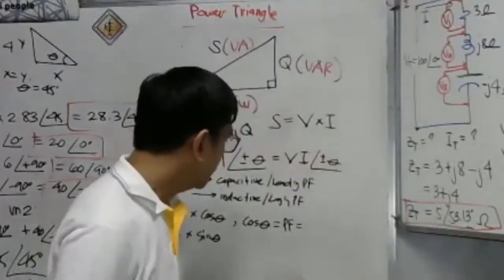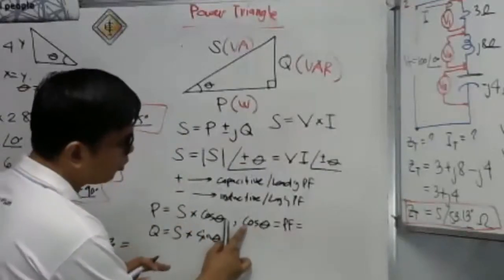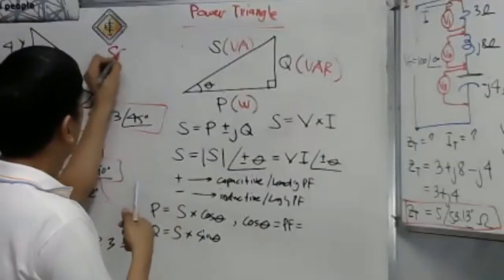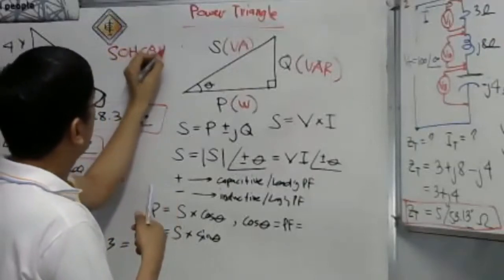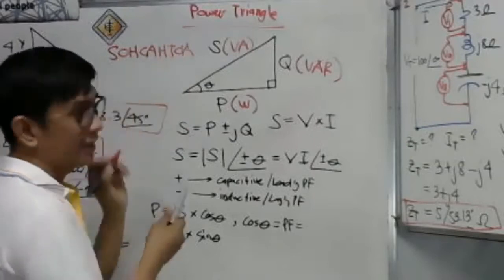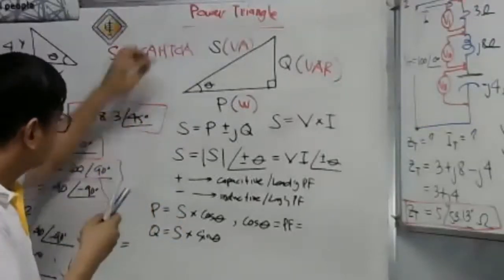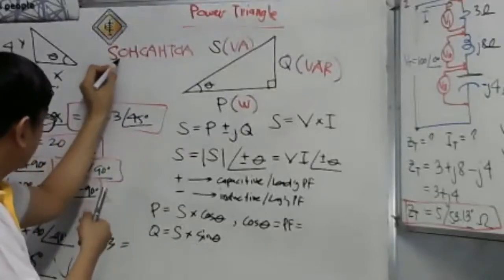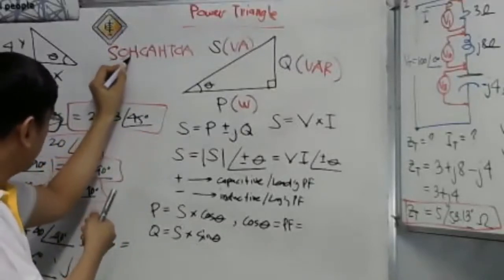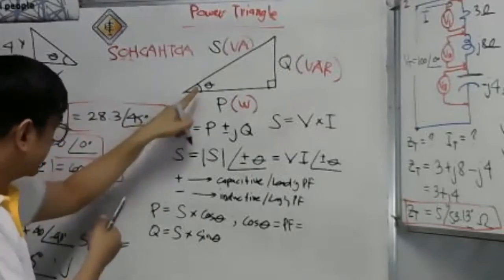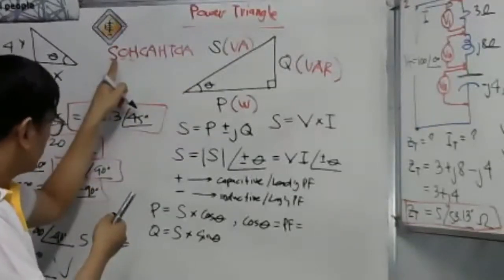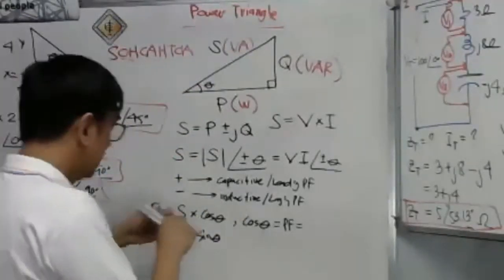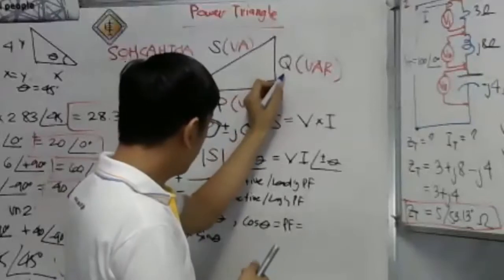Take a look here. If this is the power factor, cosine theta, SOH CAH TOA. Sine function is equal to opposite over hypotenuse. What is the opposite? Remember that Q is the opposite side.